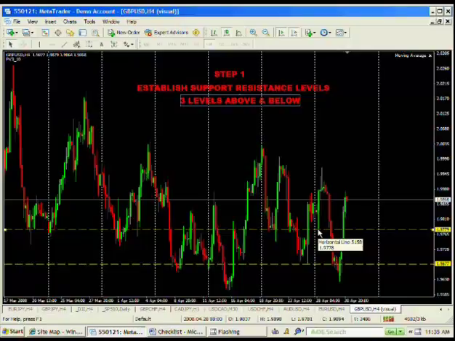Our third level would be the next high. Now if there had been another low in here, that would have been the level, but the highs and the lows are resistance to the up move. So level 1, level 2, and level 3.